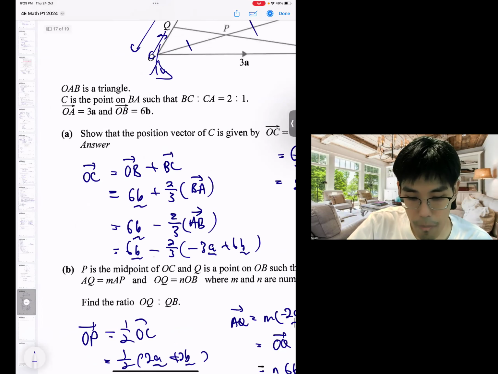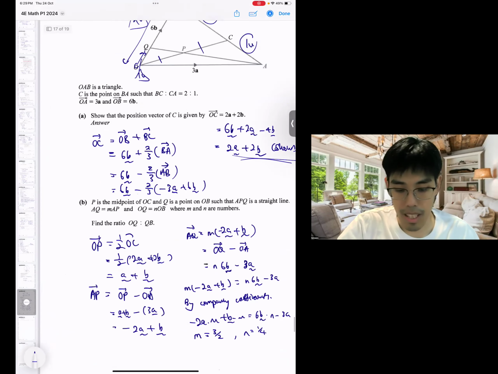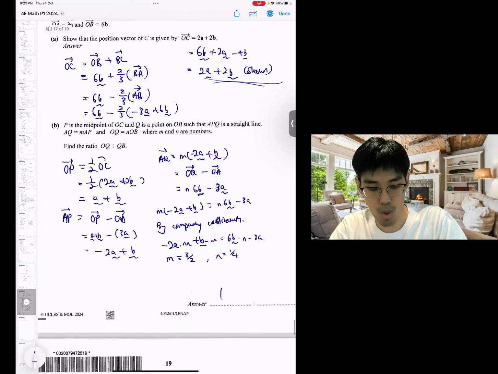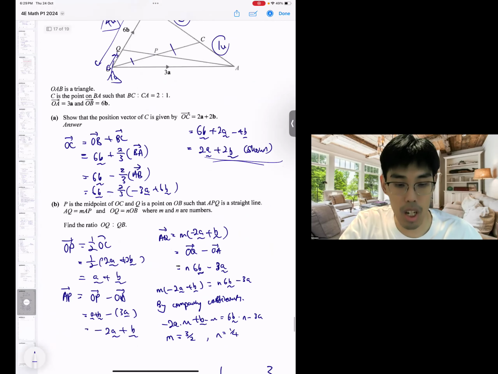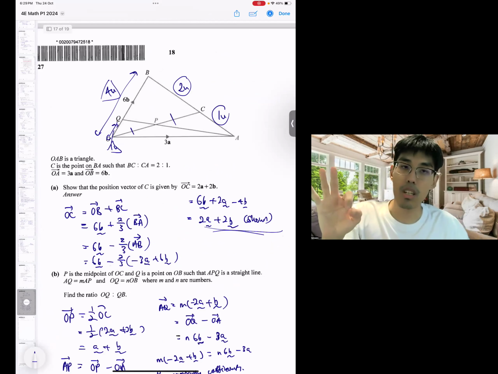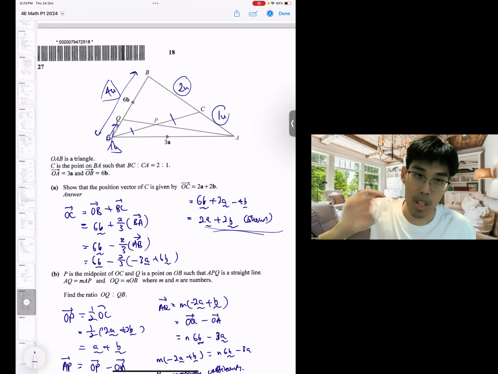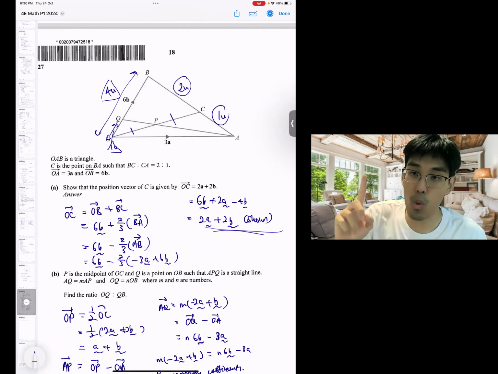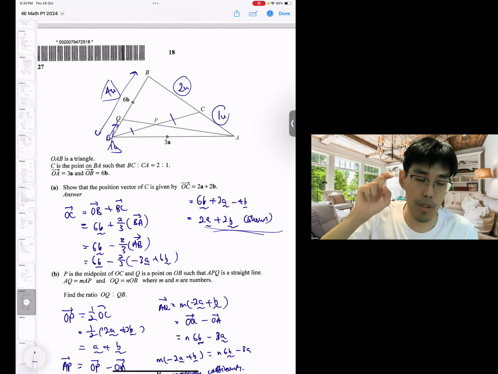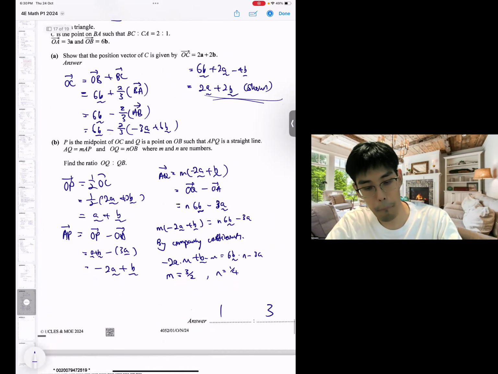So OQ to QB is 1:3, because QB is 3 units. The whole thing is 4, QB is 3, that makes OQ 1. Because the ratio OQ to QB is 1:3. Answer: 1:3.